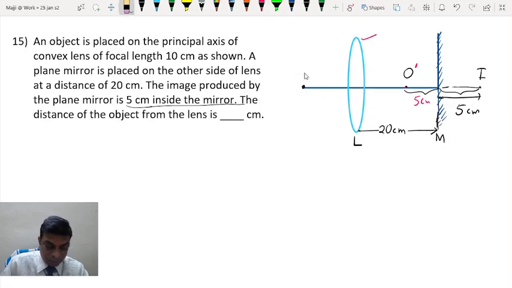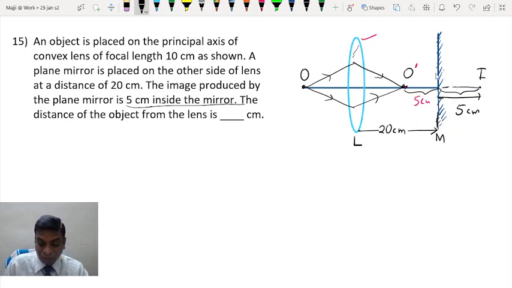So this is O, the object. So light ray starting from the object must form a real image here. So O dash is the image corresponding to the lens, but it behaves as an object for the mirror.